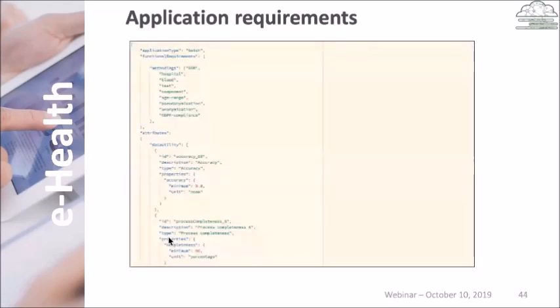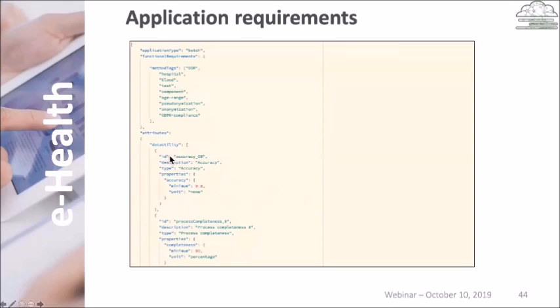So again, this is the application requirements file for our use case. This is a JSON file which is going to be automatically generated. So once again, the application designer is not really required to go and fill this in manually, but as before, as with the blueprint, it's quite human readable.